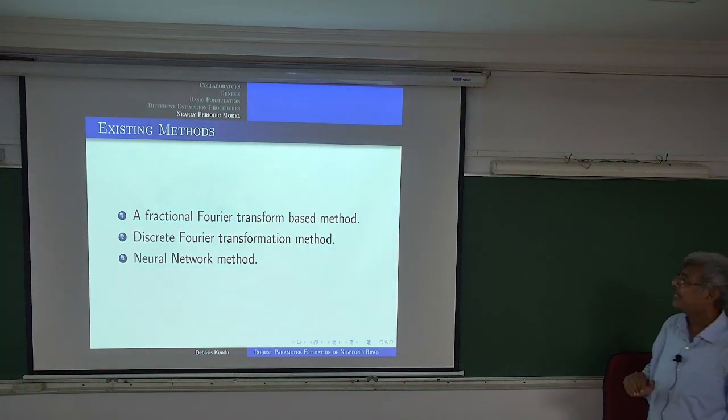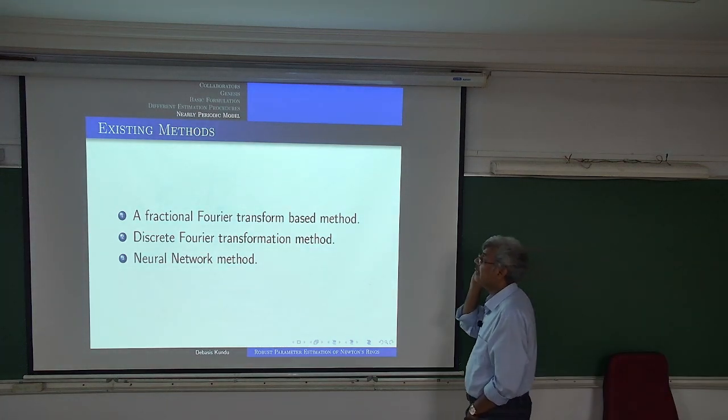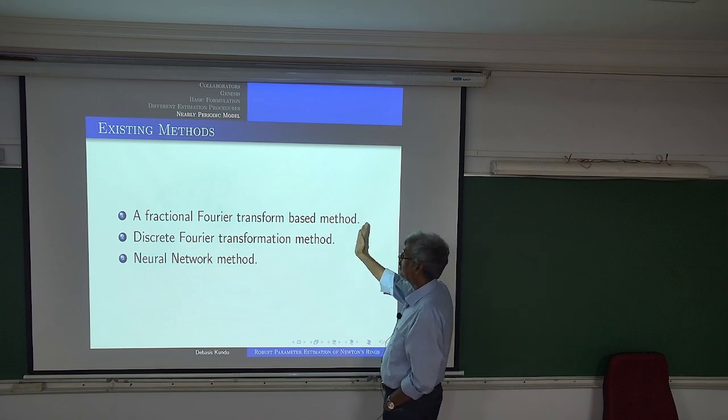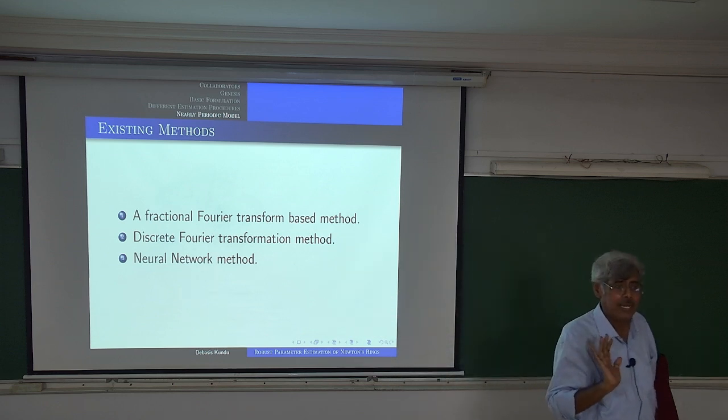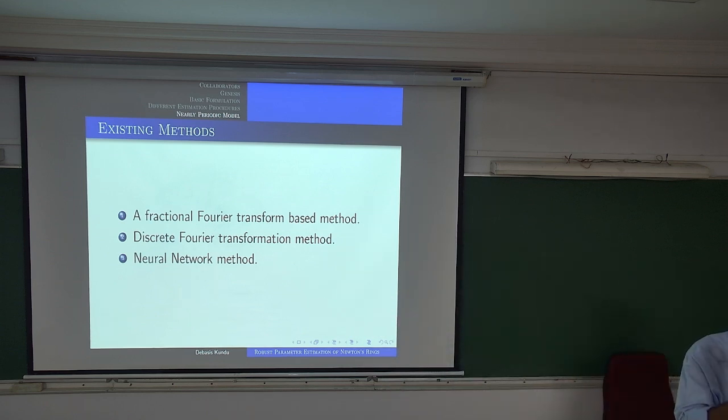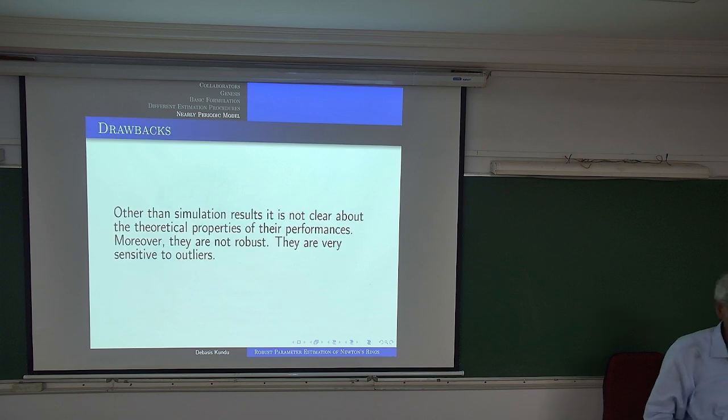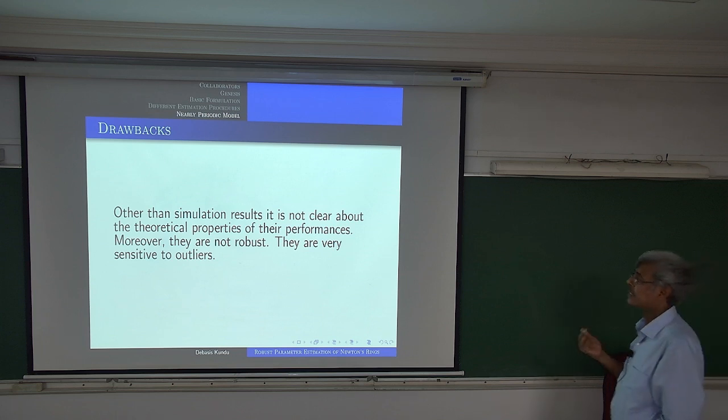There are several methods that we have seen in the literature: fractional Fourier transformation, discrete Fourier transformation, neural network, and several others. But the one problem I have seen in all of those is that they have only presented simulation results.